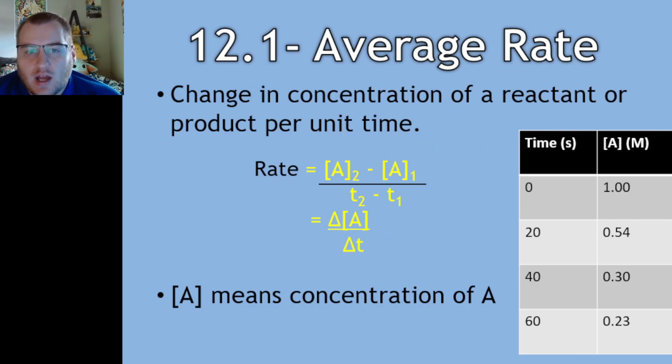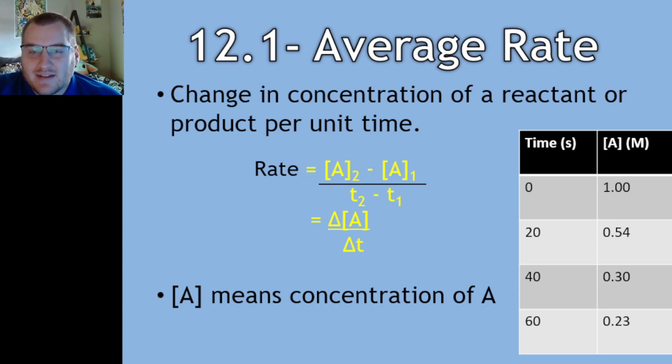We're going to start pretty basic with average rate. This is something you may or may not have known, but you've done a lot of times in your math class: finding the average rate of a unit over time. So here in yellow, I have the formula for rate, and it might look similar to things you've used before.